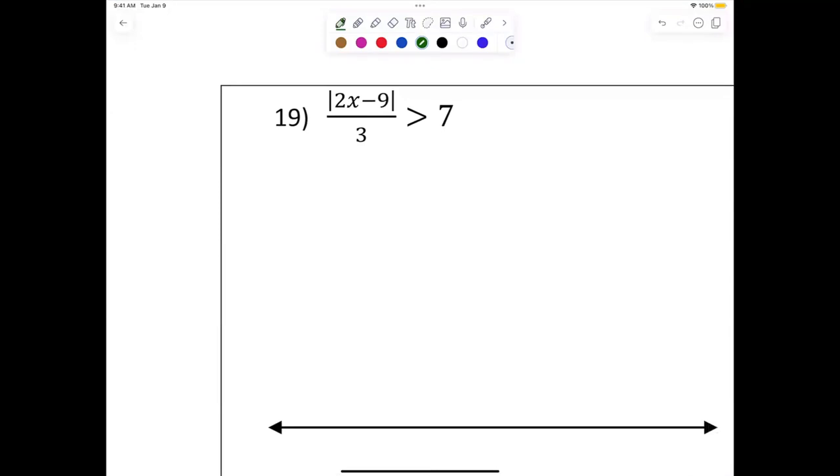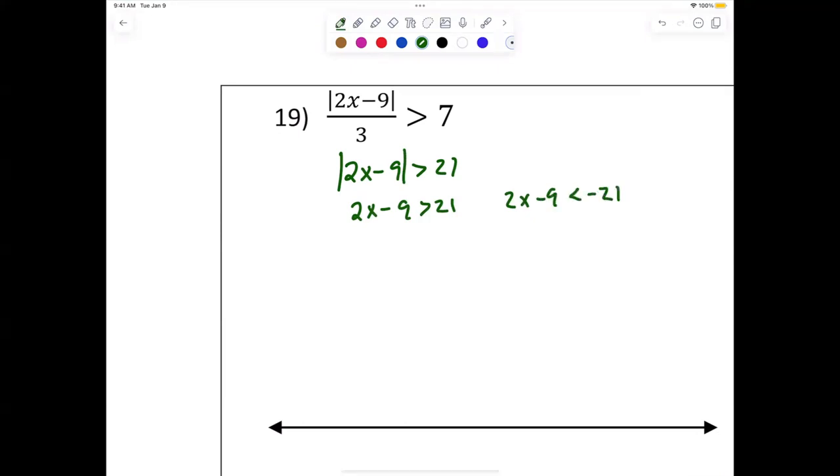Multiplying both sides by 3. Good job. 2x minus 9 is greater than 21. Now we rewrite it twice. 2x minus 9 is greater than 21. 2x minus 9 is less than -21.